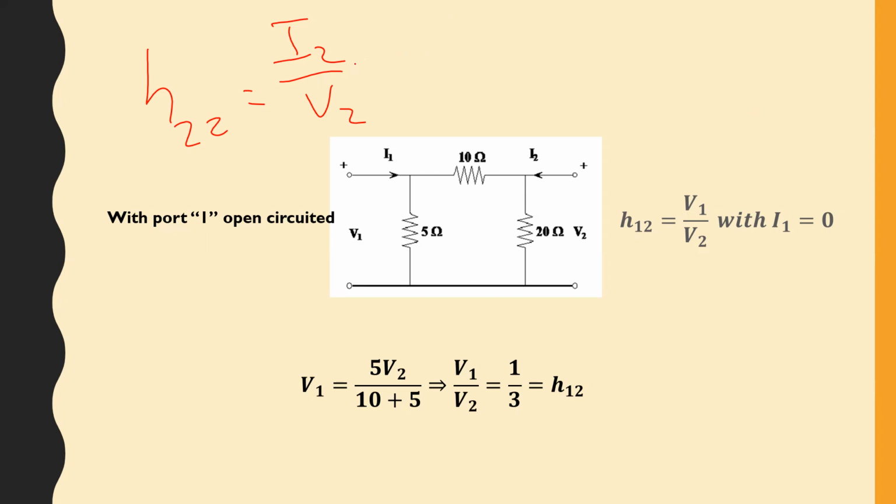So, Brian, I2 over V2, what's the condition? Yes, sir. I2 over V2. What's the condition? Well, the condition is I1 equals 0. So how would you go about finding the relationship between I2 and V2?